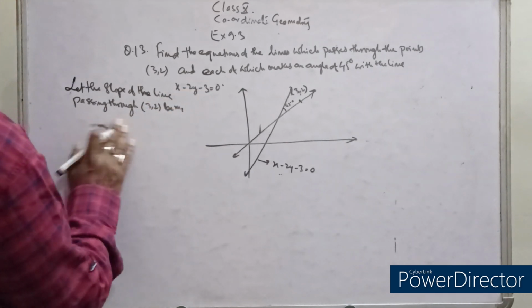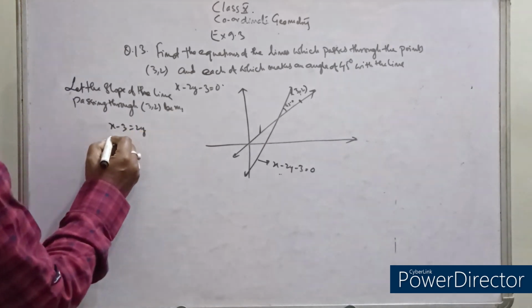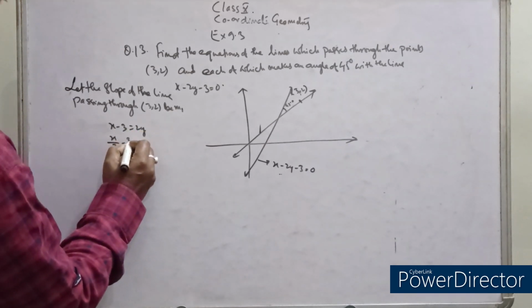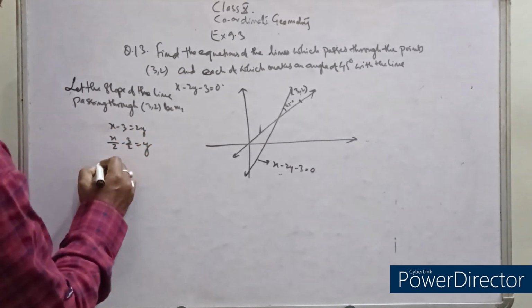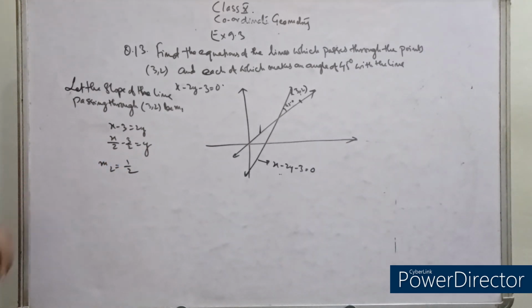It is x minus 3 is equal to 2y. So x by 2 minus 3 by 2 is equal to y. So m2 is equal to 1 by 2. So this is another slope.